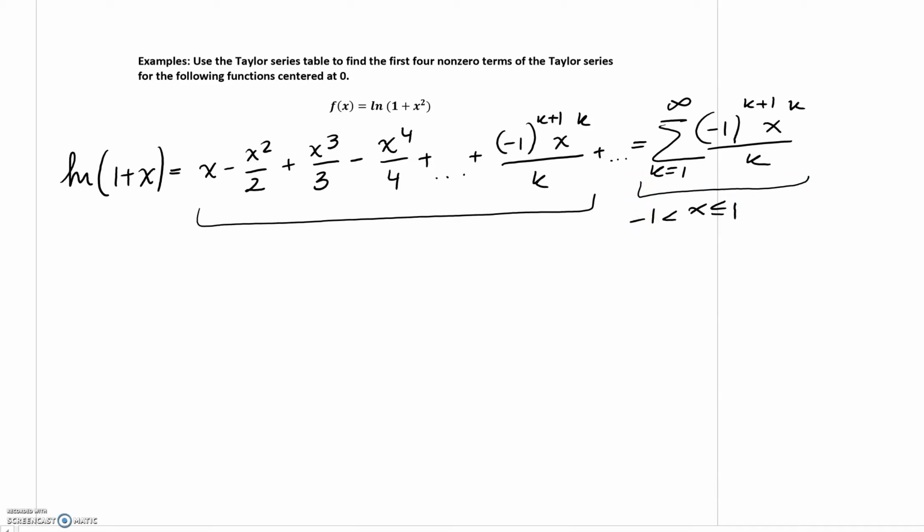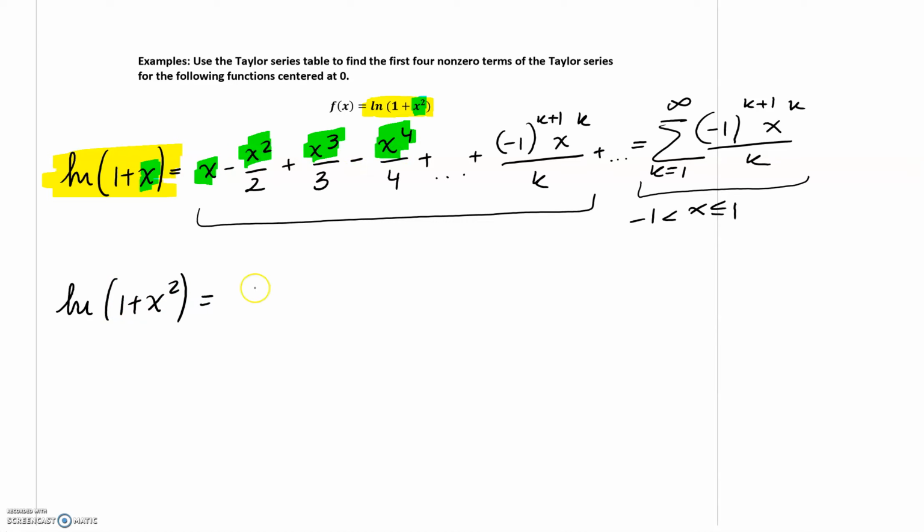So in our case, our function looks like the one that I have here, only the term in x, right? Here it's x squared and here it's x. So our Taylor series will change a little bit. So ln of 1 plus x squared is going to be, everywhere I see x, I'm going to put x squared.